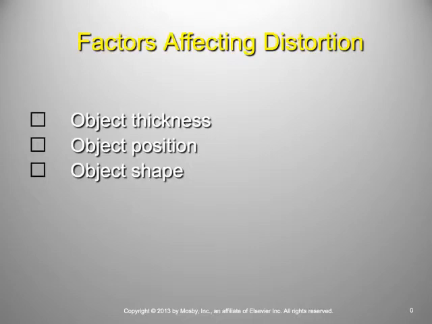One case in point is a lateral chest x-ray, right? Due to the object's thickness and its shape, it is very difficult not to have some magnification of the heart, which is a form of distortion, as well as some overlap of the hemidiaphragms, right?